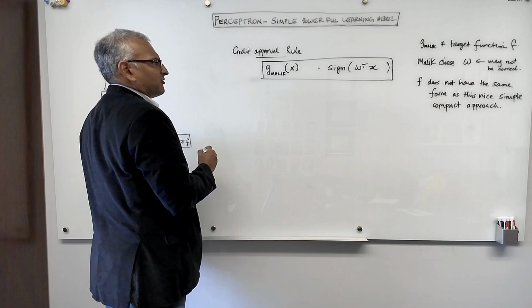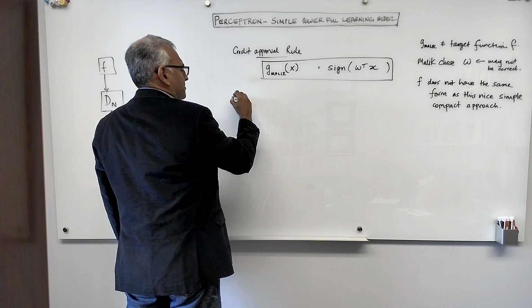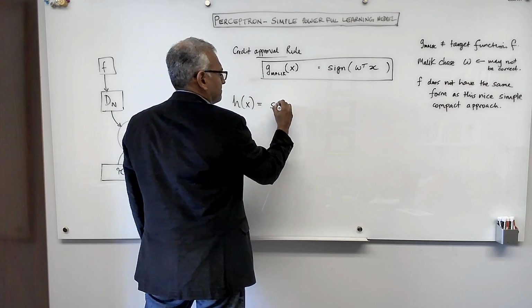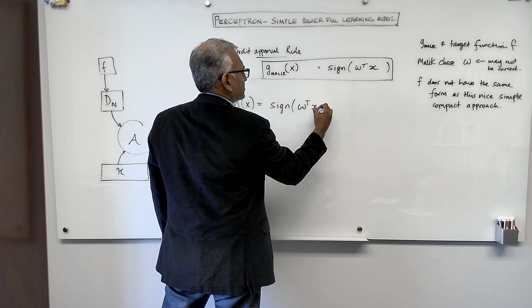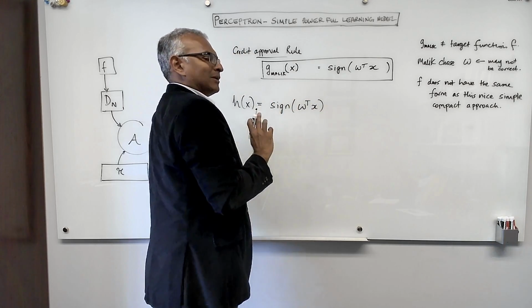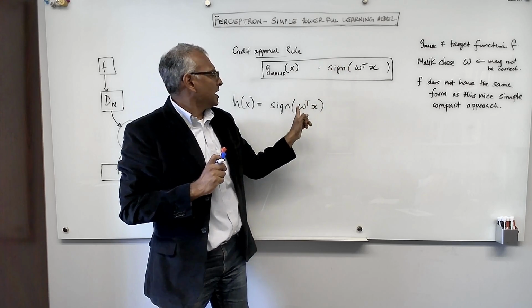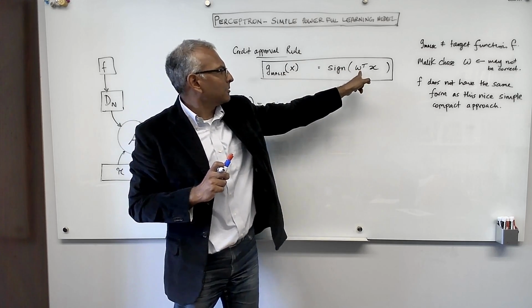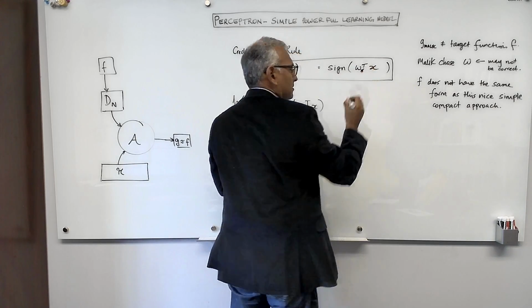So let me define a hypothesis of this form as h of x equals sign of w transpose x. Now I will differentiate between the hypothesis that Malik formed and all the hypotheses of this form by saying that Malik picked a set of weights w star, because they're special.